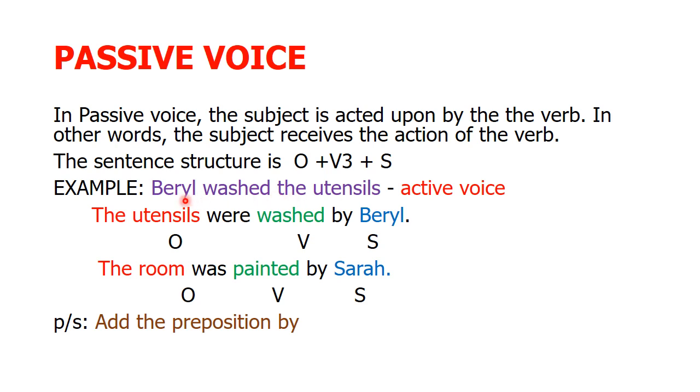In this our case, the subject is Beryl and the object is the utensils. After that, we are going to interchange the position of the subject and the position of the object. That means the object will become first in the sentence, and then the last one in the sentence will be the subject, which is Beryl.